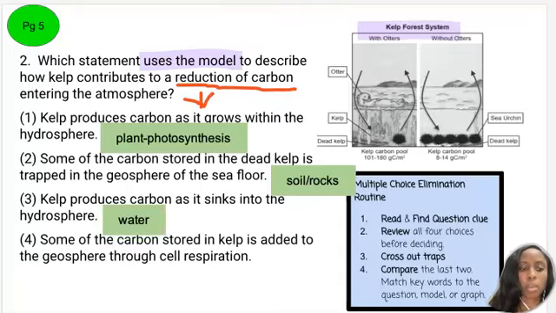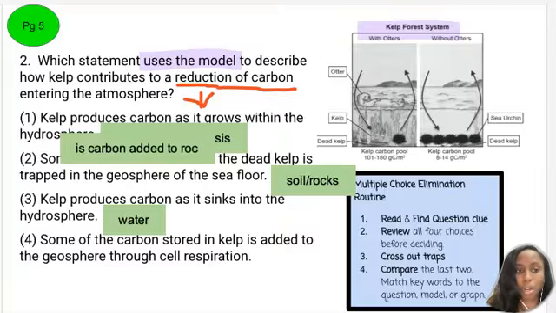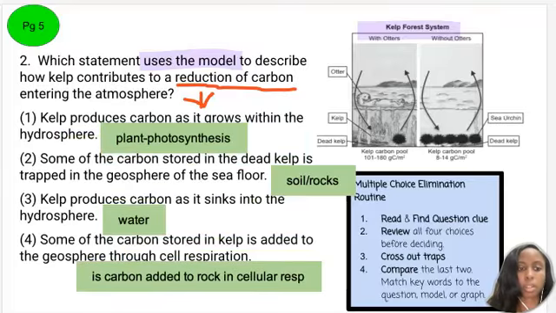Okay, next one: some of the carbon stored in the kelp is added to the geosphere through cell respiration. So this choice is basically saying that carbon is added to rocks using cellular respiration. Is carbon added to rocks in cellular respiration? I'm just going to abbreviate that to make my life a little simpler.